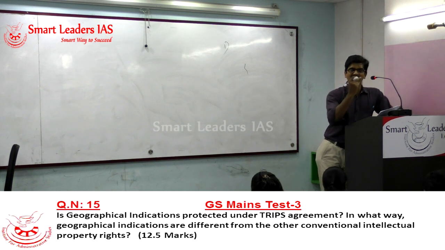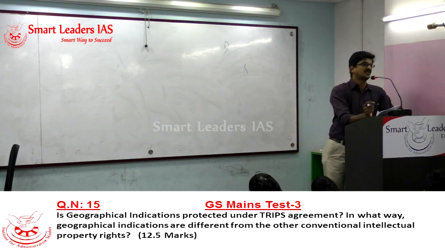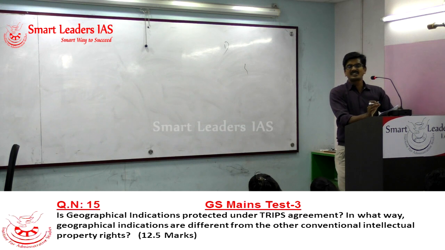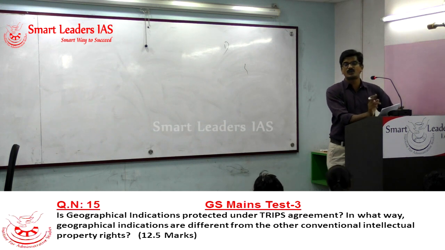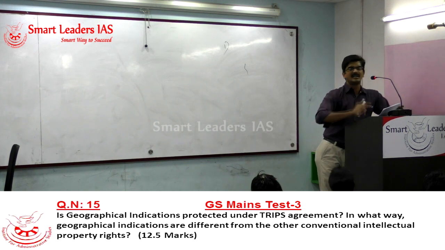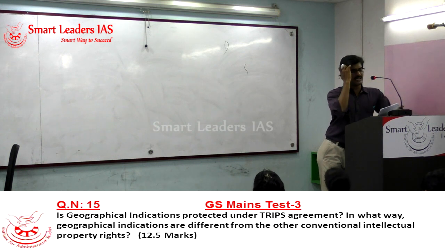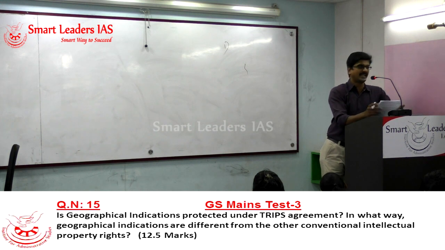There is an enhanced protected status given for wines and spirits manufactured in European countries. This pertains to Article 23. Article 22 covers every other GI product. Article 23 covers wines and spirits. So these were the two articles of TRIPS that confer protection to GI.